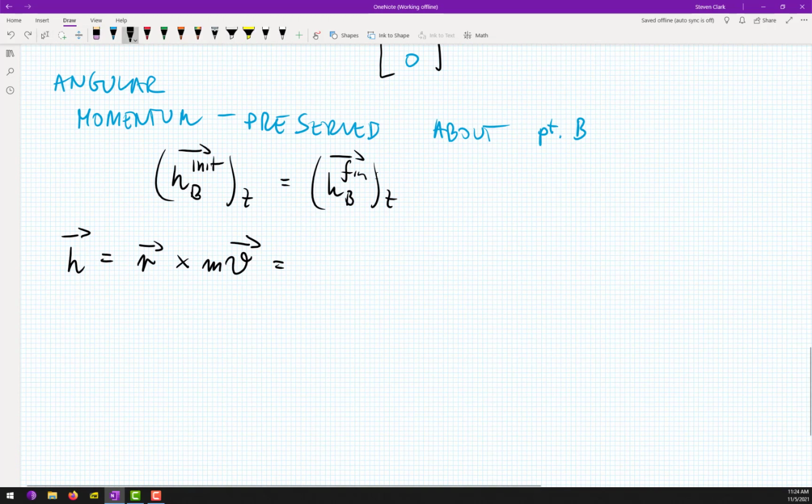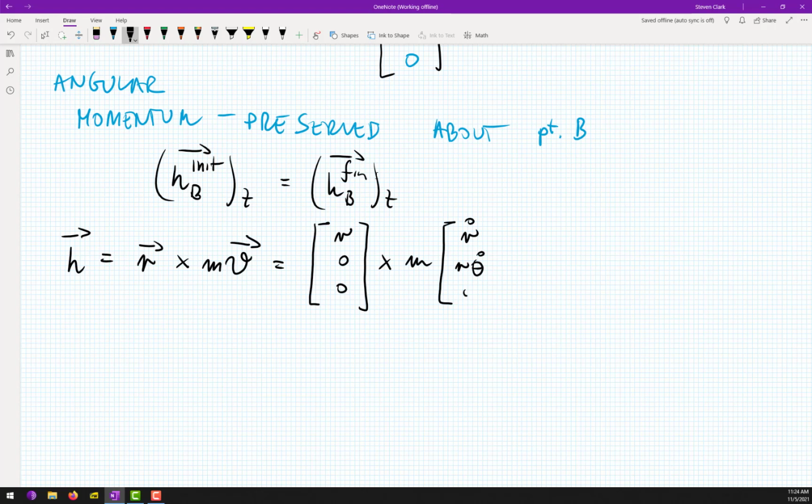Okay, so now let's find this thing. You told me that this is r, 0, 0, and the other vector will be m, if I remember correctly, r dot, r theta dot, 0. So let's do this determinant. We have u_r, u_theta, k; r, 0, 0; m r dot, m r theta dot, 0.